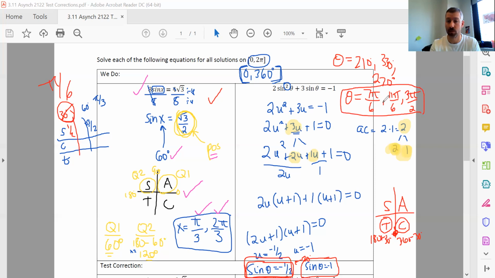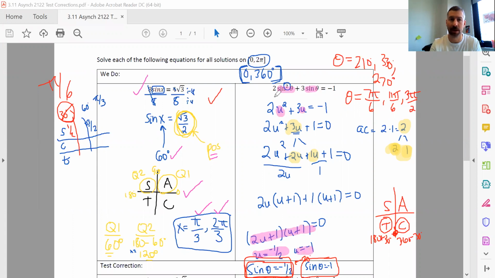Let's take a look. This one was quite a bit more lengthy and difficult. We started this problem with a whole bunch of sines and we replaced them just with u's, so that we could factor. And then once we got those factors down here, we could end up solving for u.